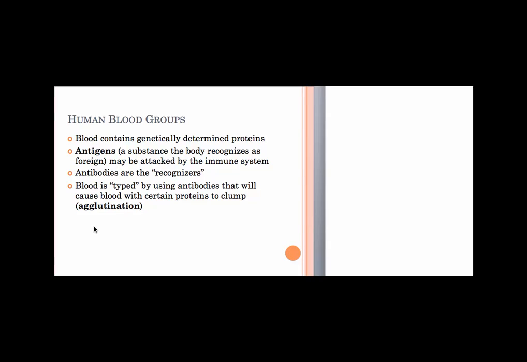Agglutination is this process of blood clumping, in response to antigens interacting with antibodies. I'm going to draw that for you really quick. Here, let's imagine we have a red blood cell. This is a type A red blood cell, and we have spherical surface antigens. Let's say this is your blood, and you have these surface antigens.